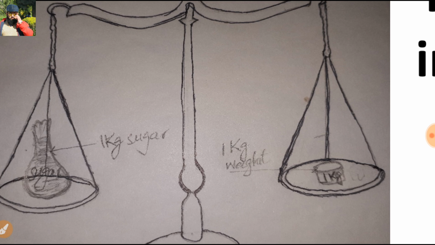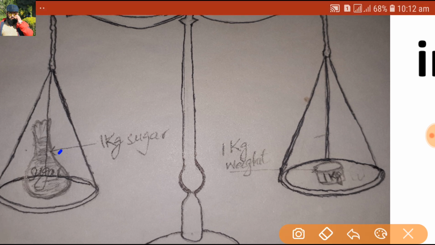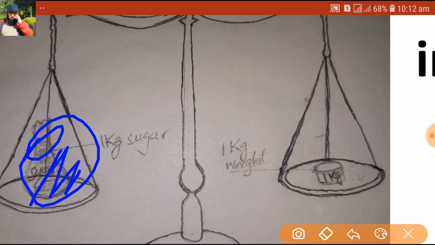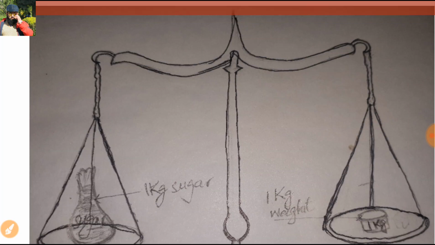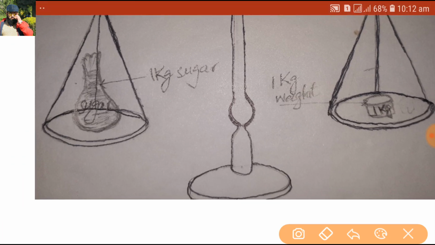We can see that there is a weight of 1 kg, standard 1 kg, and on another pan of the physical balance there is a sack, or you can say shopping bag, carrying sugar, and the mass of these two is equal. So we can say that the mass of this sugar is equal to 1 kg, and here you can see the standard 1 kilogram mass.